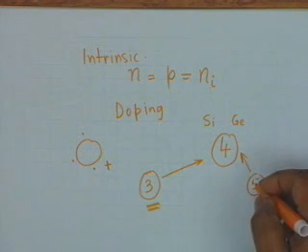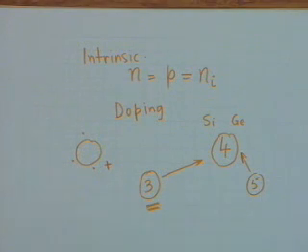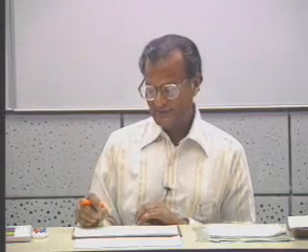On the other hand, if we introduce an arsenic atom, a pentavalent atom, then 4 of its electrons satisfy the covalent bond. So the 5th electron becomes free and it becomes a bound fixed positive charge. All right.